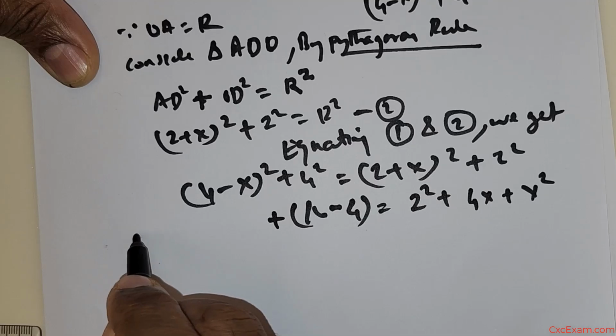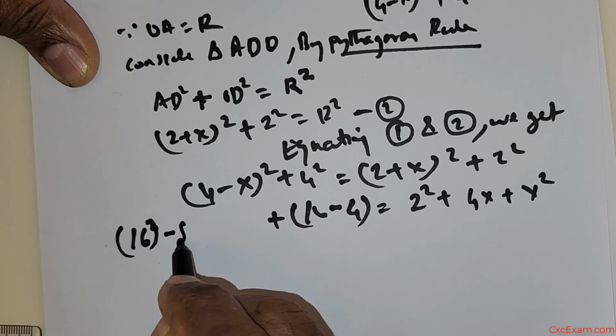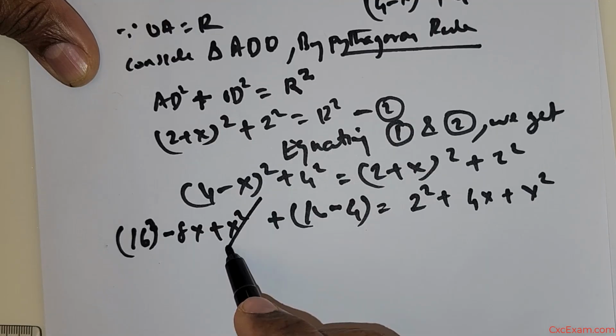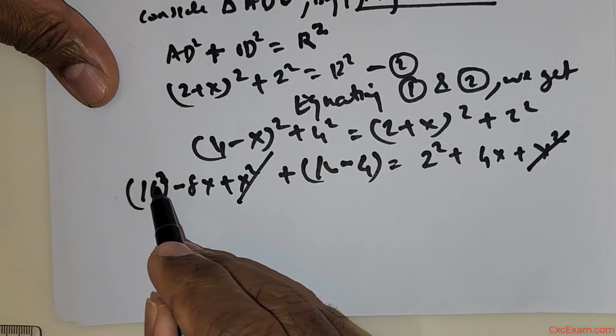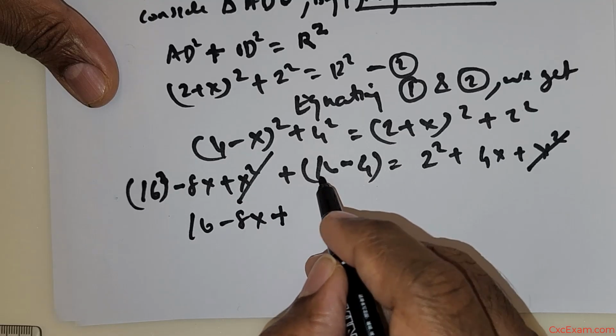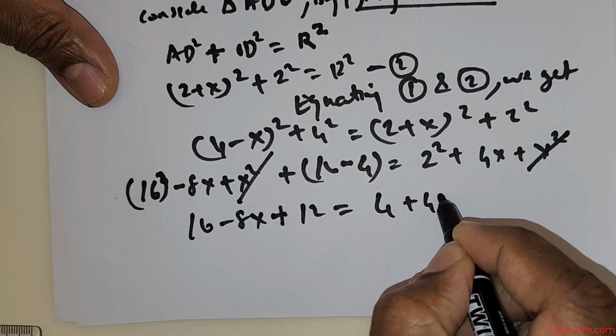Over here you will have 16 minus 8x plus x squared. Now these two x squareds can be cancelled. So you have 16 minus 8x. From 16 you take away 4, you get 12 is equal to 4 plus 4x.